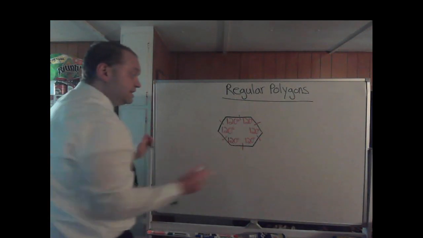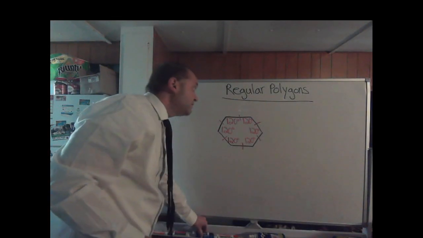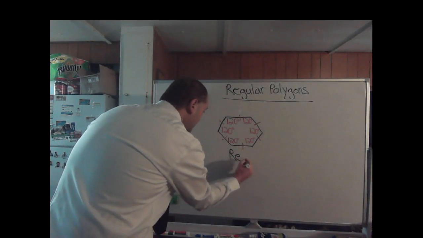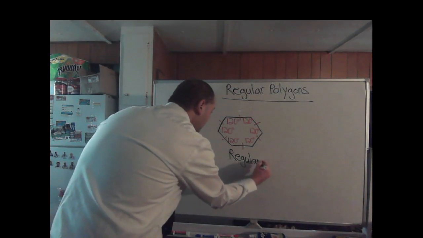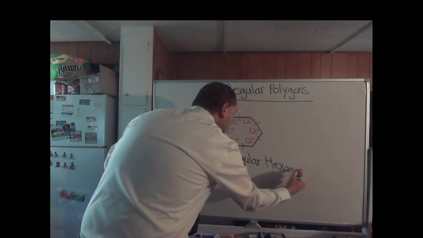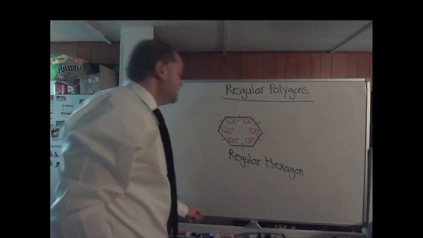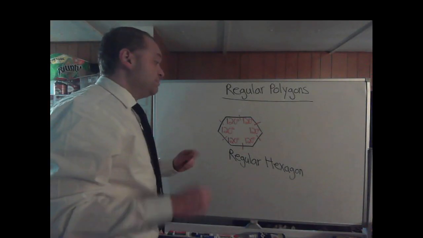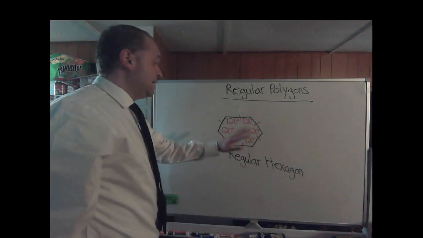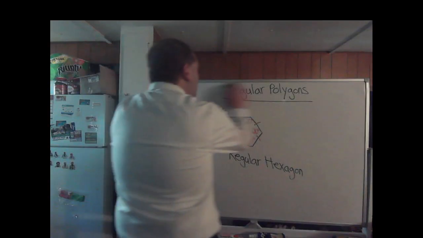These are all congruent sides, so it's both equilateral and equiangular. This qualifies it as a regular polygon, and it's got 6 sides. We would classify this particular shape as a regular hexagon. So again, if a particular polygon meets both qualifications of being equilateral and equiangular, it is a regular polygon.